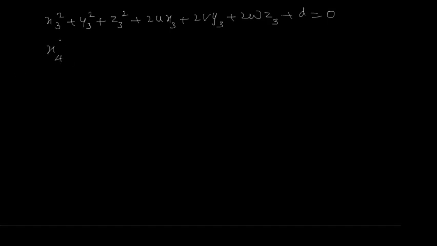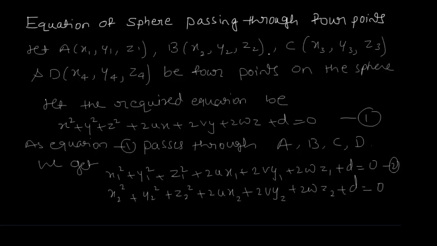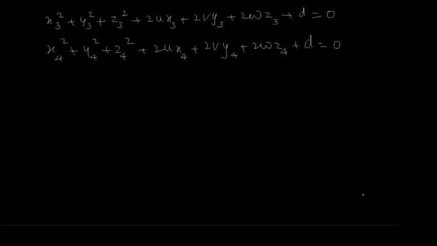And last we obtain x4 square plus y4 square plus z4 square plus 2ux4 plus 2vy4 plus 2wz4 plus d is equal to 0. So like that we obtain four equations as the given equation of a sphere passes through the 4 points. So this is equation 3 and this is equation 4 and this is equation 5.